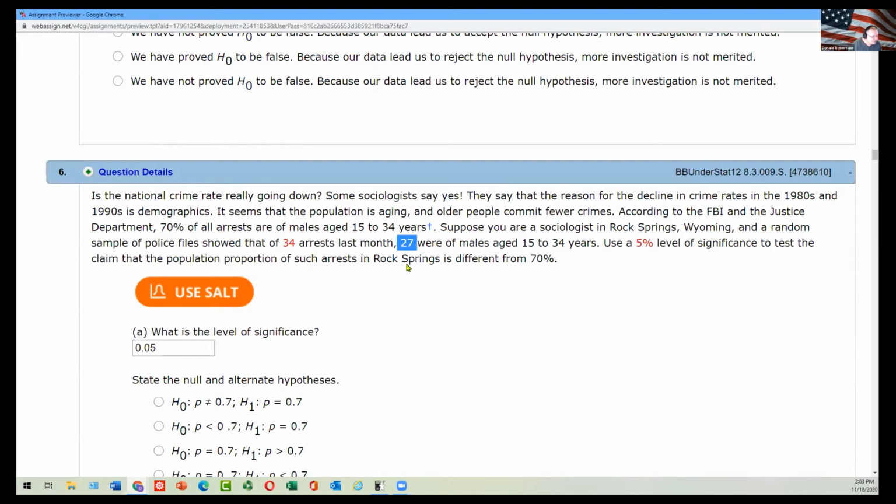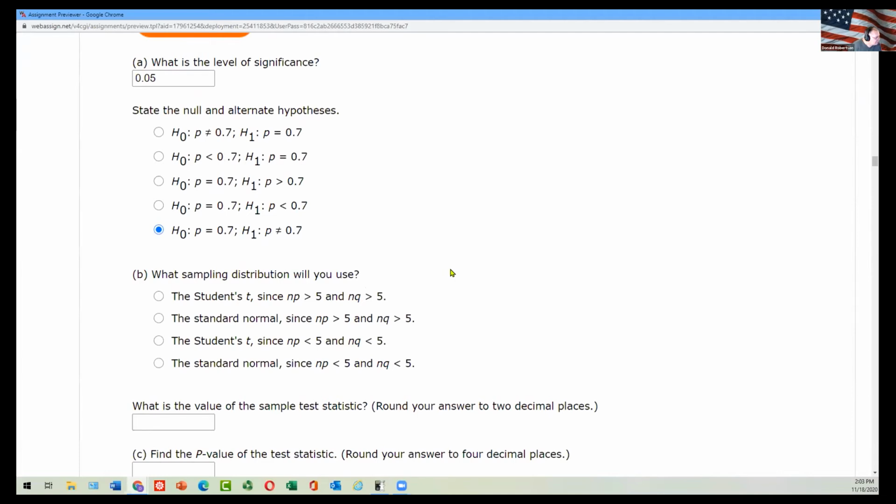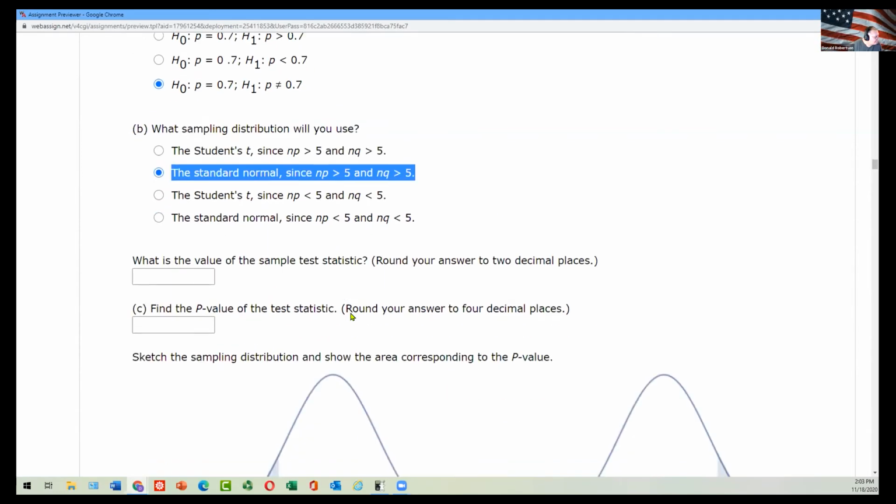Doesn't that leave the other 7 to say no, I wasn't in that age group, right? So what we can do then is say it's going to be the standard normal, and it's always going to be that one. They'll jumble them up, it'll be position 1 in the next question, but it's always going to be standard normal, np at least 5, nq at least 5.